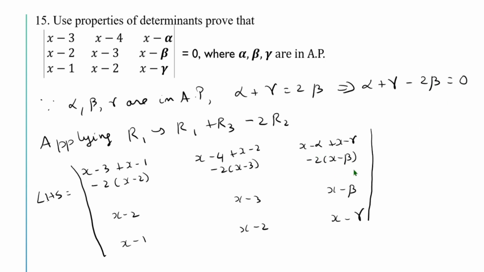So again here also we will get 0. So this is equal to 0, 0, 0, x minus 2, x minus 3, x minus beta, x minus 1, x minus 2 and x minus gamma. So this is equal to 0, which is the right hand side.